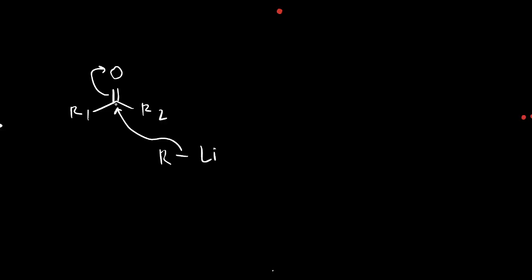Because carbon, when this new R group attacks, is going to then have too many bonds if we actually keep this double bond here. So we're going to have to break the double bond and push the electrons onto our oxygen. So then this is going to give us that first intermediate where we end up with R1, R2, a new R group here, as well as an oxygen that is now single bonded to the carbon. Again, let's not forget that charge. Now, this is the addition step.